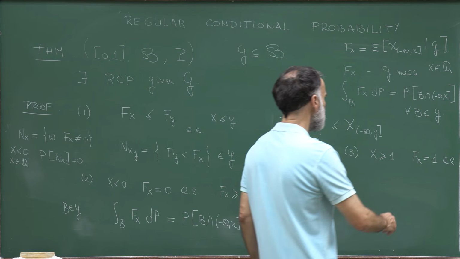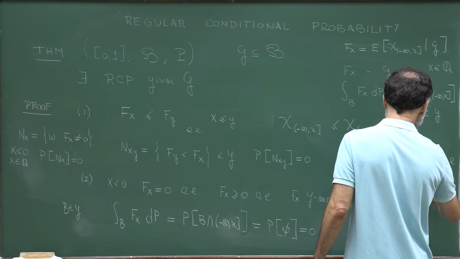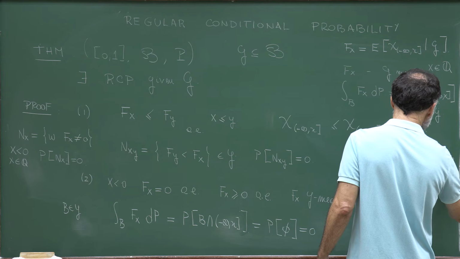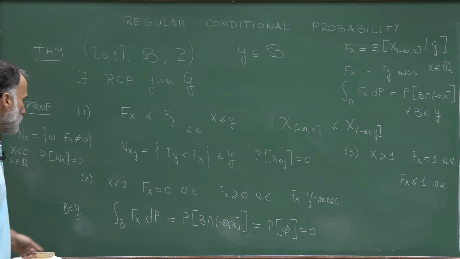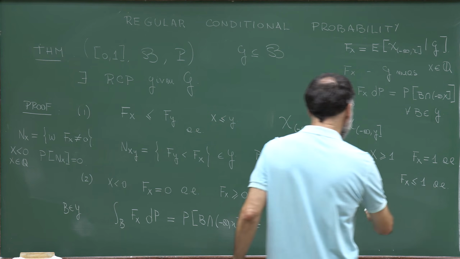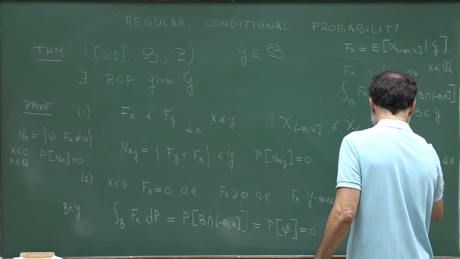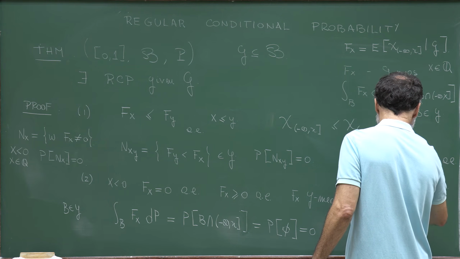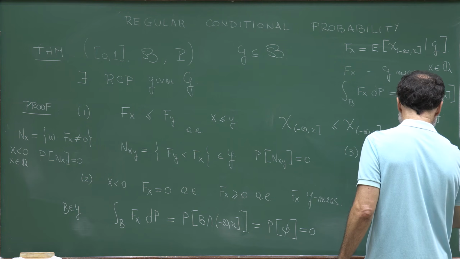We know on the one hand that fx is less or equal than 1 almost everywhere. And we will prove by this argument that for any set B in G, the integral of fx over the set B is equal to 1.